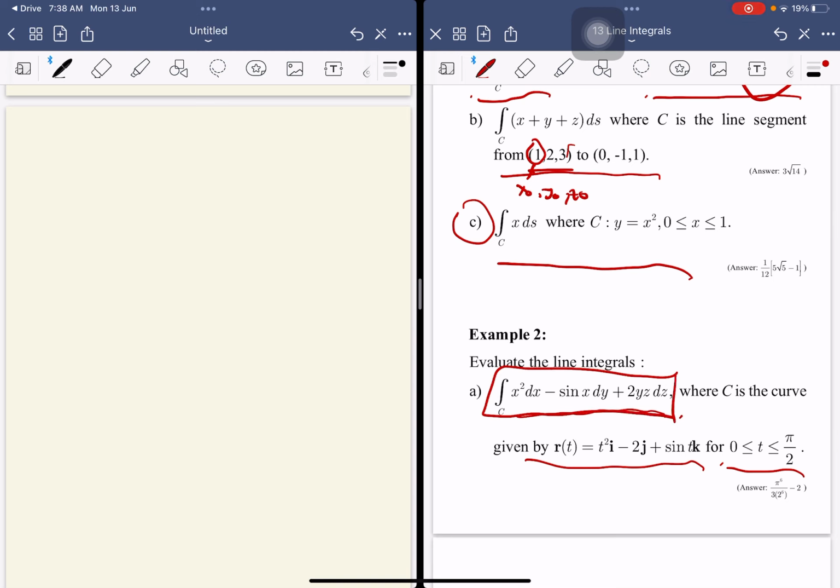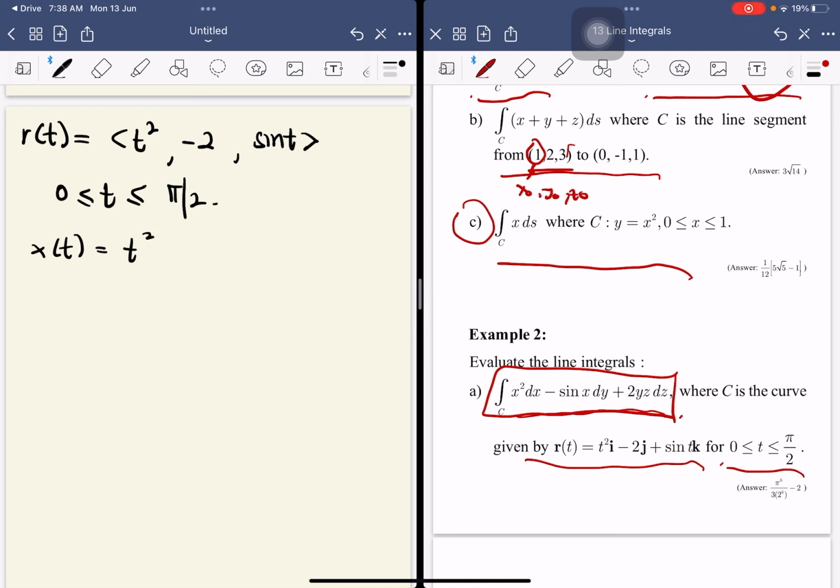Then if we extract the information, we know that r(t) is equal to t squared, negative 2, and sine t, where t is between 0 up to pi over 2. From here, we get x(t) equal to t squared, y(t) equal to negative 2, and z(t) equal to sine t.